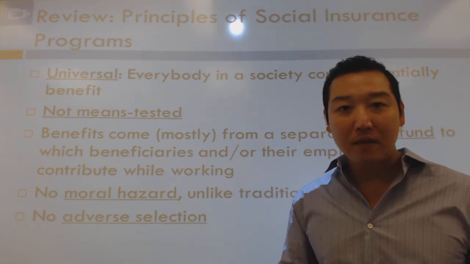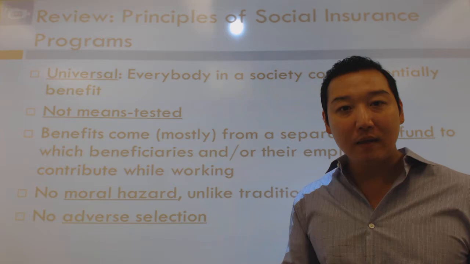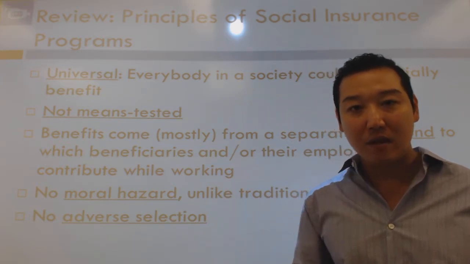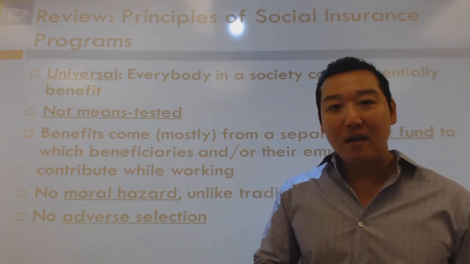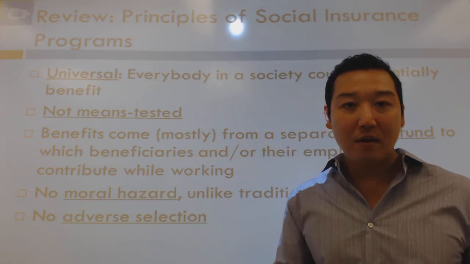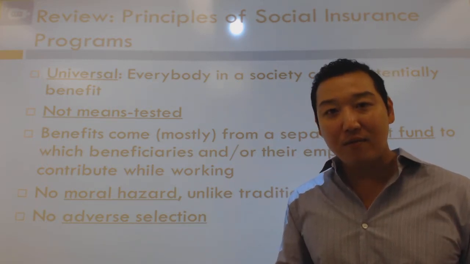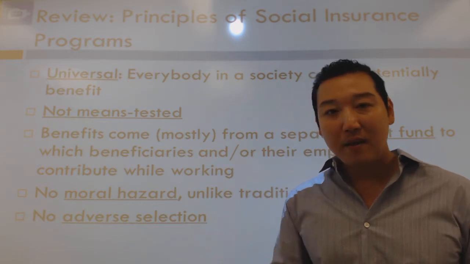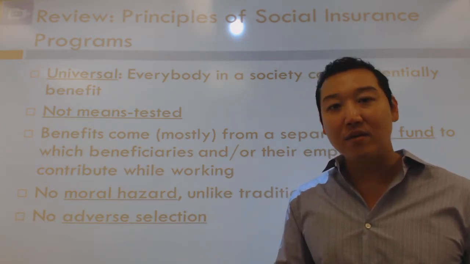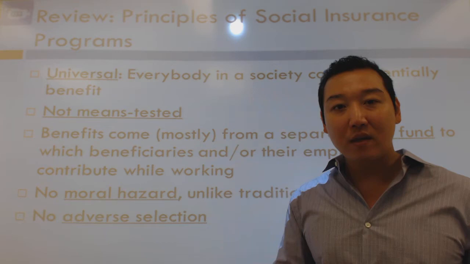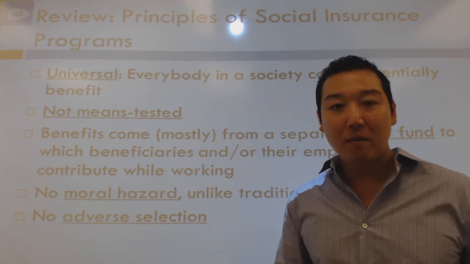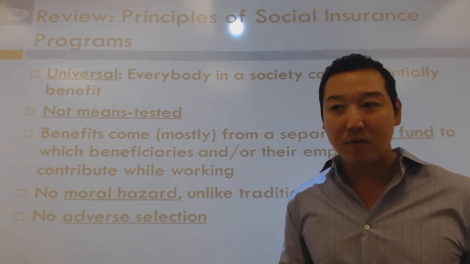You don't have to be poor to receive Social Security. Anyone could potentially receive Social Security benefits. And then, of course, the financing for Social Security is going to be through social insurance. And Social Security also is going to be different from our welfare programs. And then, of course, we talked about issues of adverse selection and moral hazard that are overcome by organizing a program around these social insurance principles.